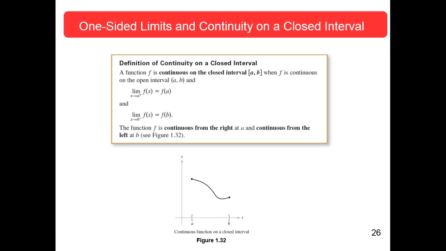Then that would be continuous on an open interval, but not on the closed interval, because the value at a would be down here or up here or somewhere other than f of a. This defines f, and if those meet the criteria, it's continuous on the closed interval.